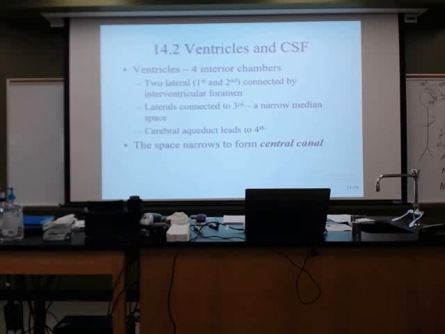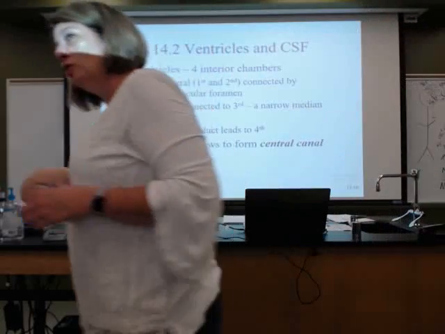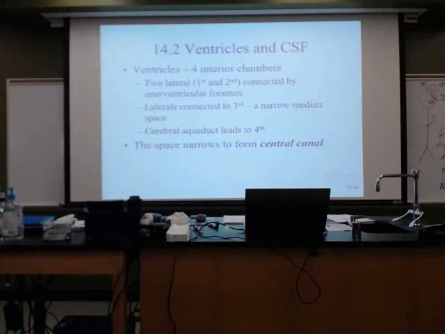So that tells me that somehow in the making of the brain, I've got to get this produced. So we're going to have areas called ventricles. Right now it's like, okay, 1, 2, 3, 4. Well, what does that mean? I have two great big huge parts of my brain, left and right.